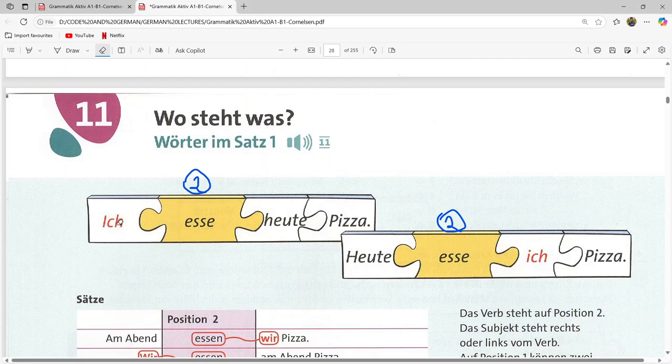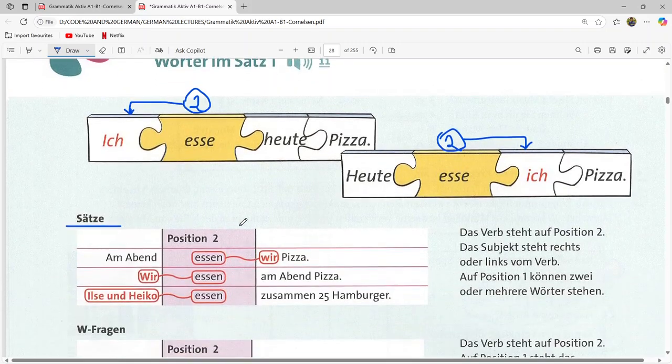But what happens is the verb always stays at the second position, while the subject is moved from the left of the verb to the right. The subject remains left of the verb one time, and right of the verb another time. It depends on the context how you are structuring the sentence. Both ways are correct.